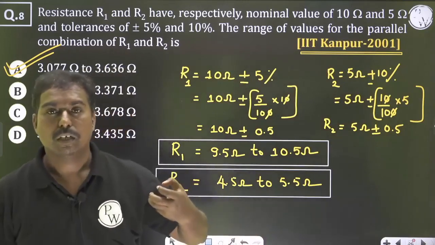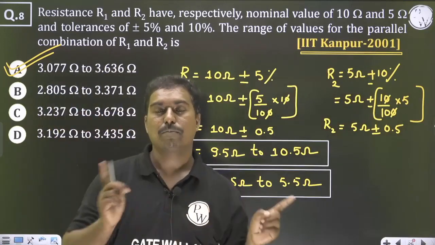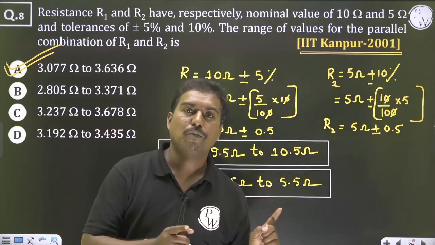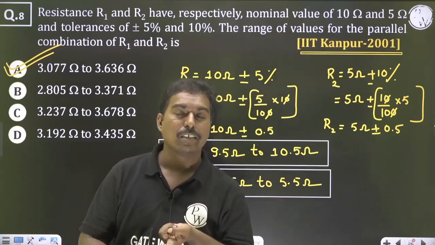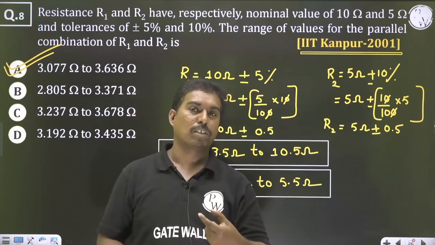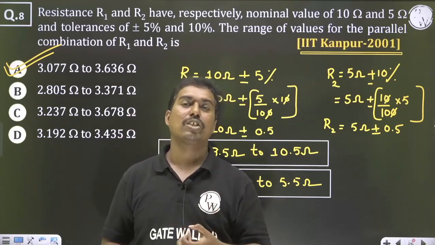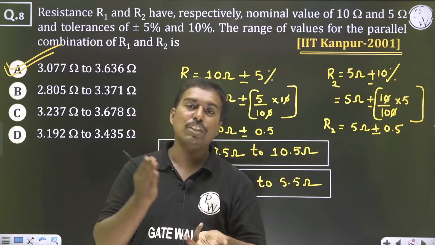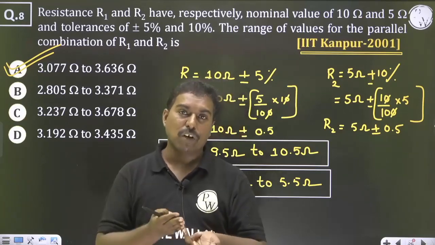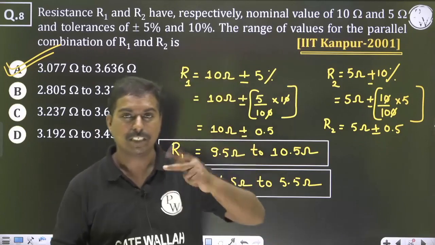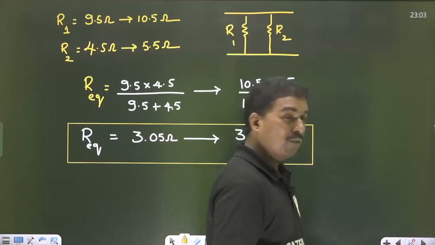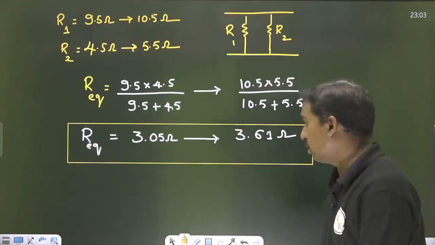Try to understand the series combination and parallel combination. The product of quantities and the summation of quantities we cannot apply in the parallel combination, because when you take R1 R2 by R1 plus R2, we don't know the percentage error for R1 plus R2. Individually for R1 we may know, individually for R2 we may know, but as a combination of R1 plus R2 we don't. You cannot take the division like that, and you will definitely get some error if you do.